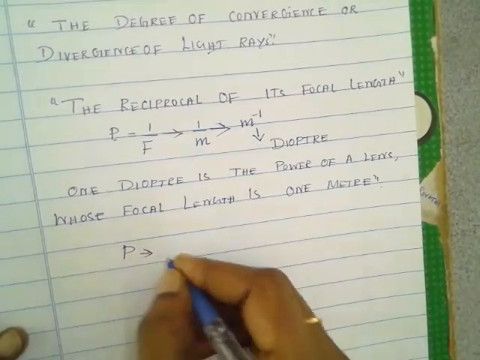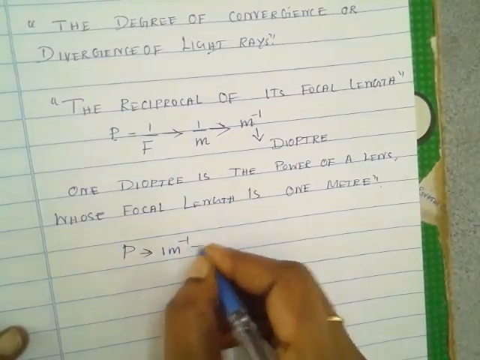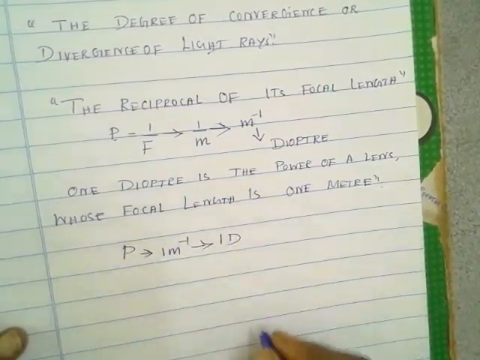That is, 1 meter inverse is equivalent to 1 diopter.